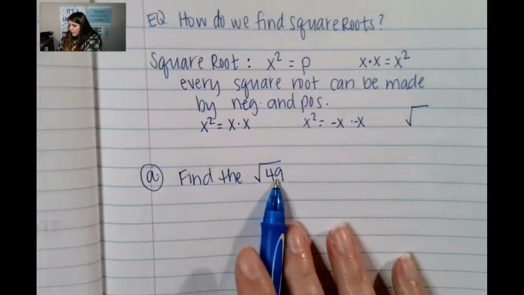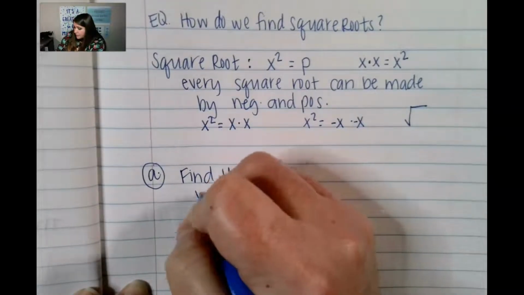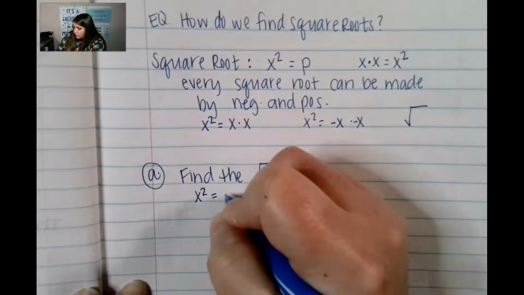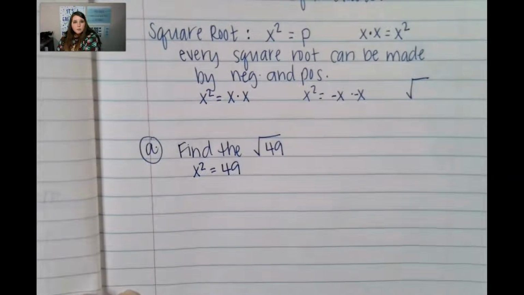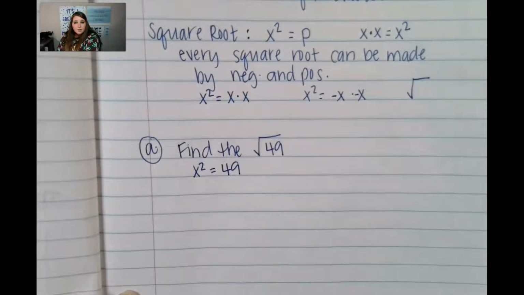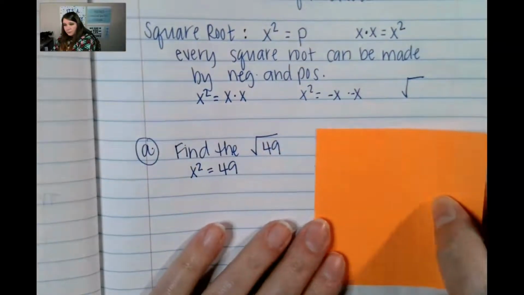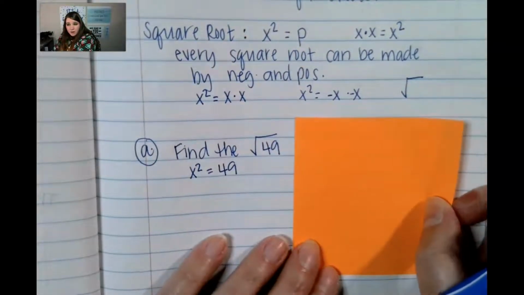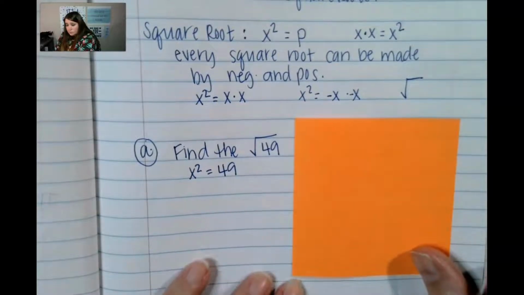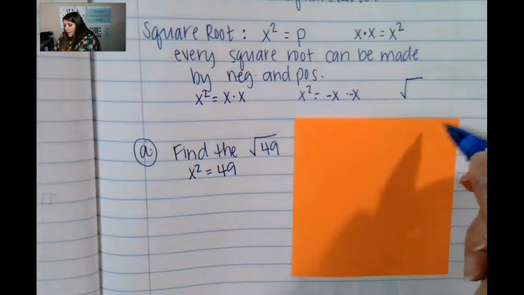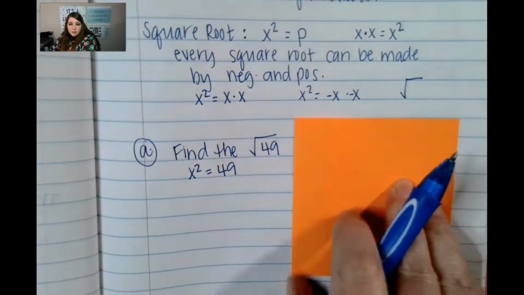So if we were to take 49 and we said that something squared equals 49, we're going to think about the two numbers that we can multiply together that are the exact same, so that we make our square. We want our square to equal 49. So this times this has to equal the 49 squares on the inside.